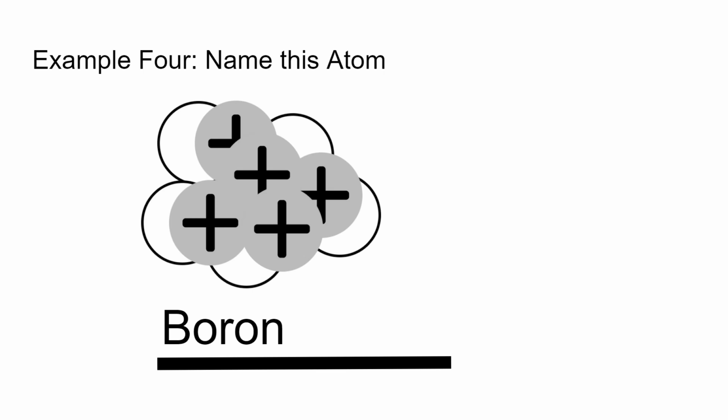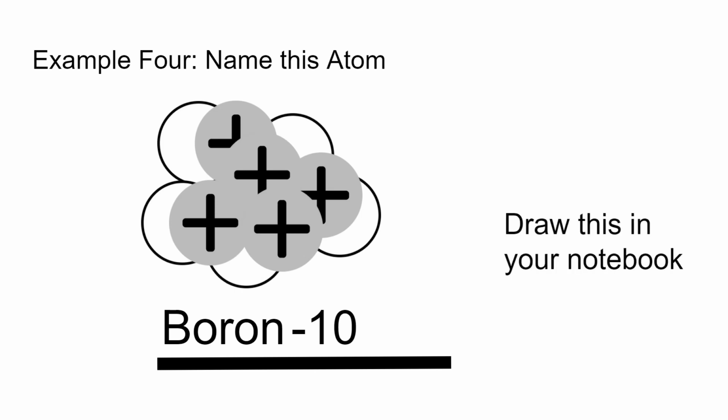What's boron's last name in this particular isotope? Okay, so we have 5 protons. How many neutrons do we have? 1, 2, 3, 4, 5. So 5 plus 5 is going to be 10. Go ahead and draw this in your notebook.